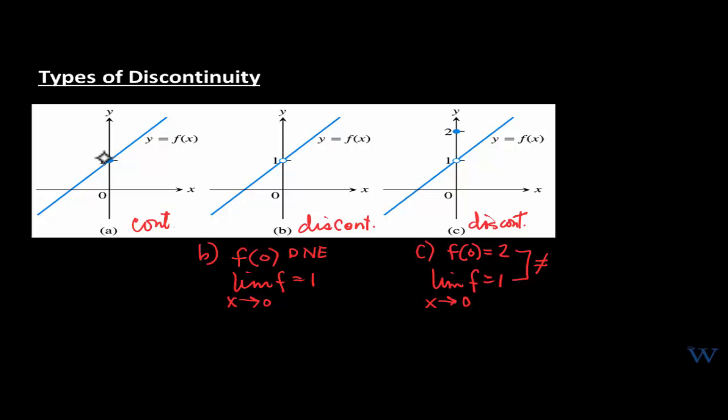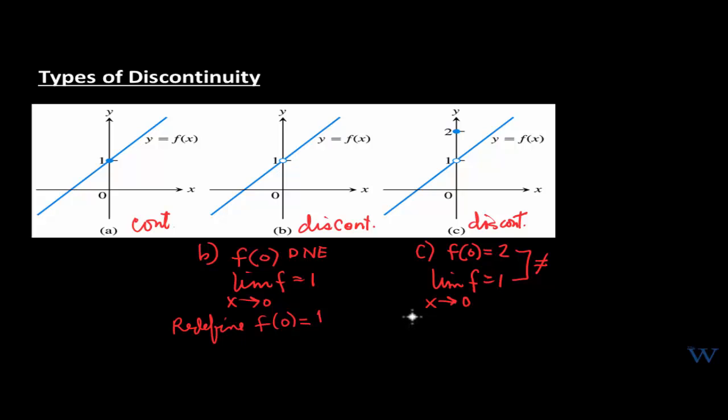Let's go back here and examine these two functions that are discontinuous. In other words, if we redefine the functions, both b and c, in such a way that f of 0, instead of being the case that it does not exist, we dictate that it's equal to 1.